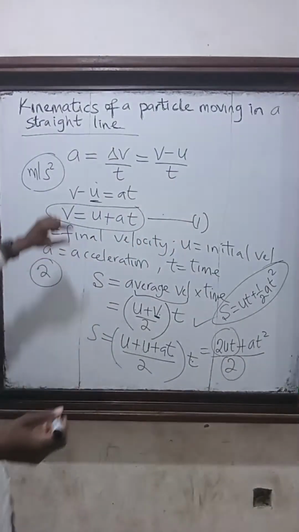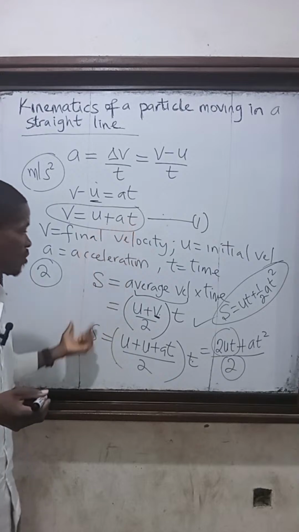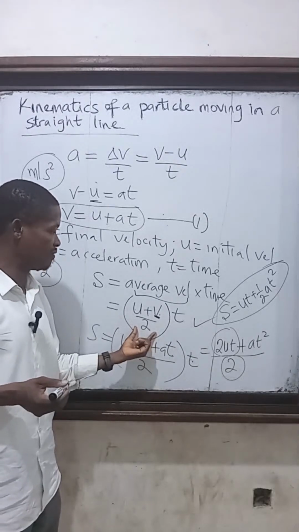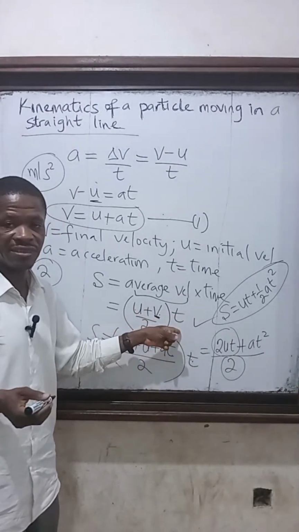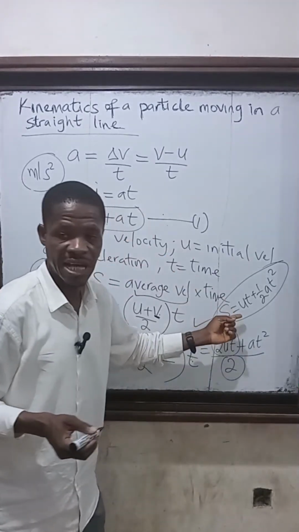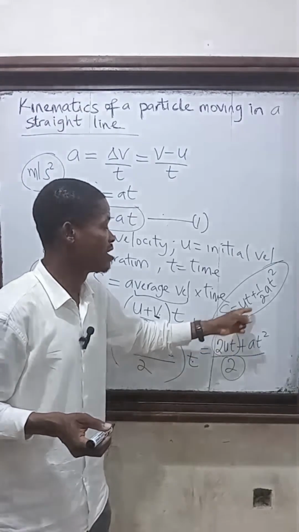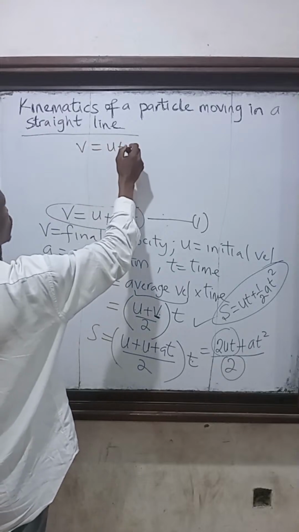We have the first one as v equal to u plus at. We have the second equation as average velocity times time, u plus v over 2 times t, and we have the third equation as displacement equal to ut plus half at squared.